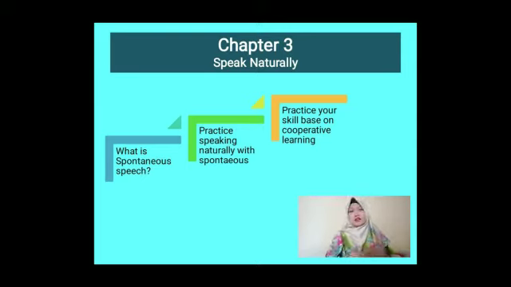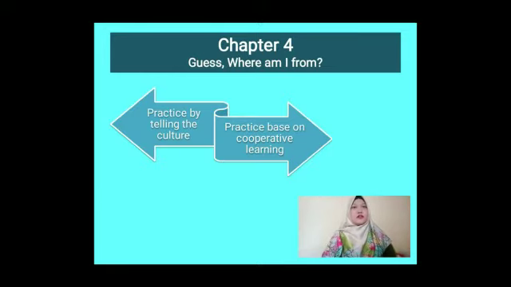For the fourth chapter, Guess Where I Am From. This contains practice by telling about culture. The meaning is the readers can tell other people where they come from, and then tell other people about their culture.